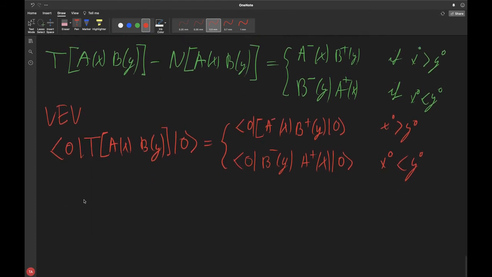So this was kind of general, but if the A and the B operators, well, let me put it on now, are the same as the phi operator, then this thing is called the Feynman propagator.